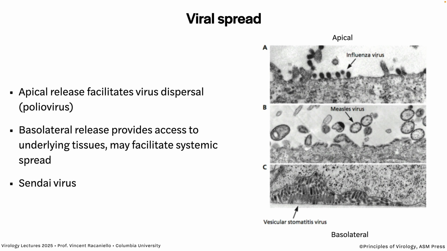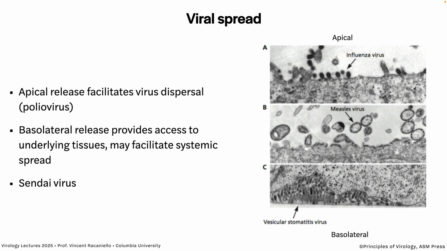You can make a 1 amino acid change in the spike glycoprotein of Sendai virus. It will now bud both apically and basolaterally. And now when you infect mice with that virus, the virus spreads systemically because it gets out the bottom, past the basement membrane, and into the circulation. So 1 amino acid can change whether the virus goes to the top or the bottom.